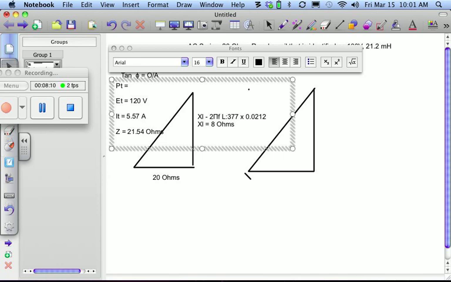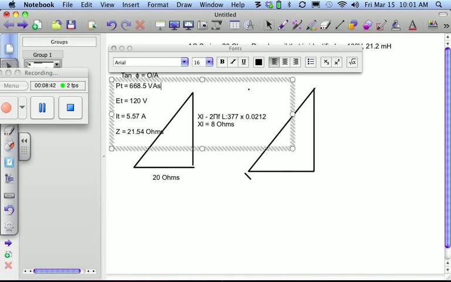Now, we're going to want our apparent power next, aren't we? So while we're here, we've got our 5.57 in a long number. We're going to multiply that times 120, and that gives us our total apparent power, which is 668.5 VA, volt amps.